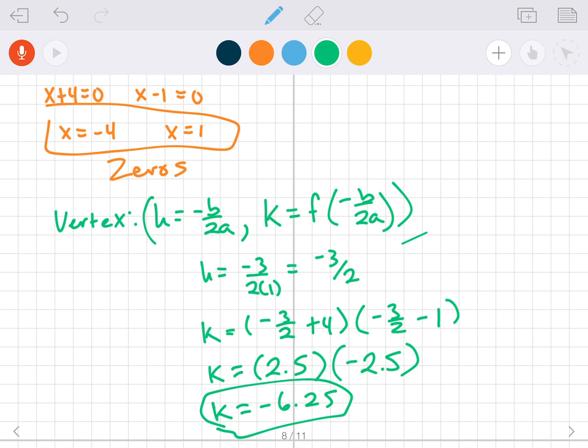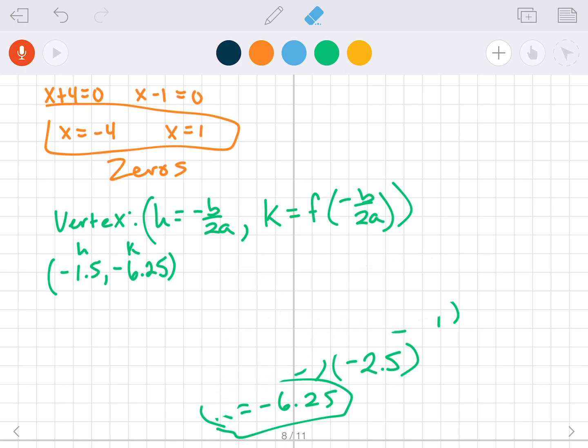And maybe it'll be easier to write the negative 3 over 2 in decimal form to see it on the graph. If you convert that to a decimal, it's negative 1.5. So my vertex is at negative 1.5, comma, negative 6.25. It's h comma k, and I can go ahead and plot that to get a nice little picture.